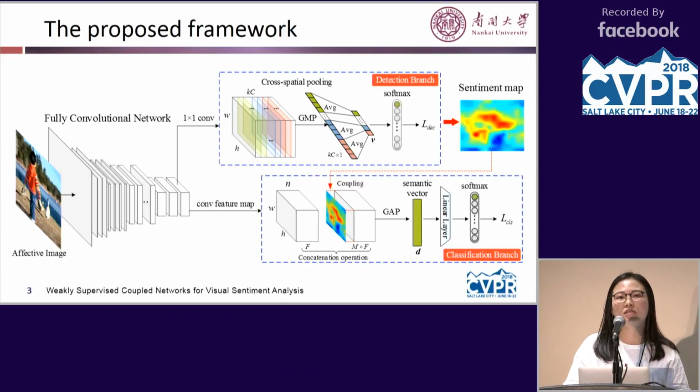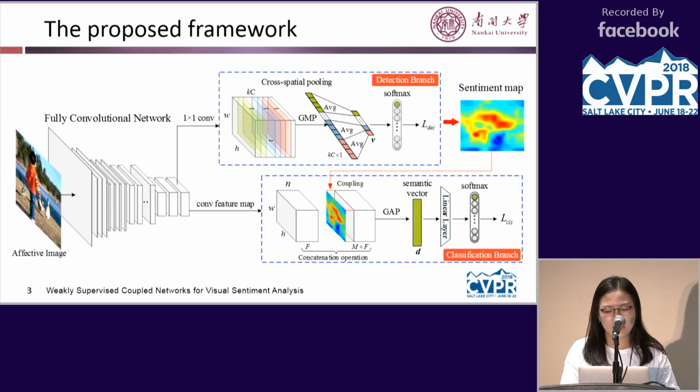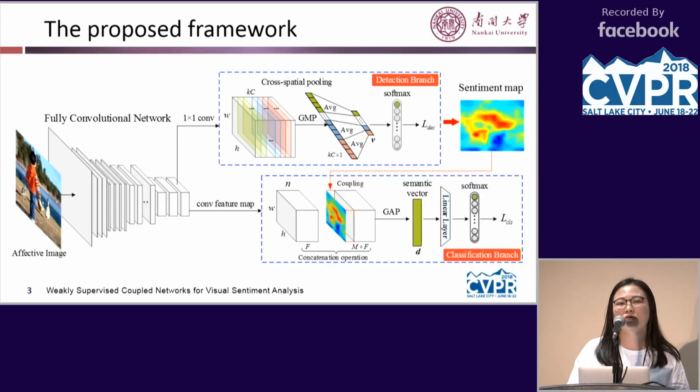In the detection branch, we first add a 1x1 convolutional layer to capture multiple information for each sentiment class. And then the proposed cross-spatial pooling strategy is applied to summarize all the information as the image level score, so that the detection branch can be trained with the image level label only.